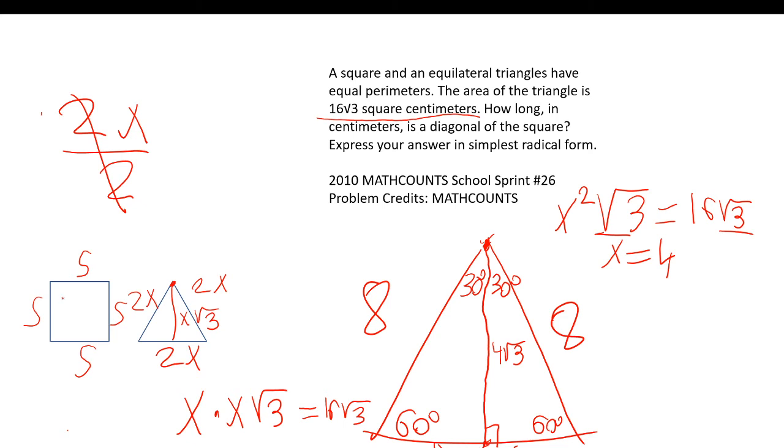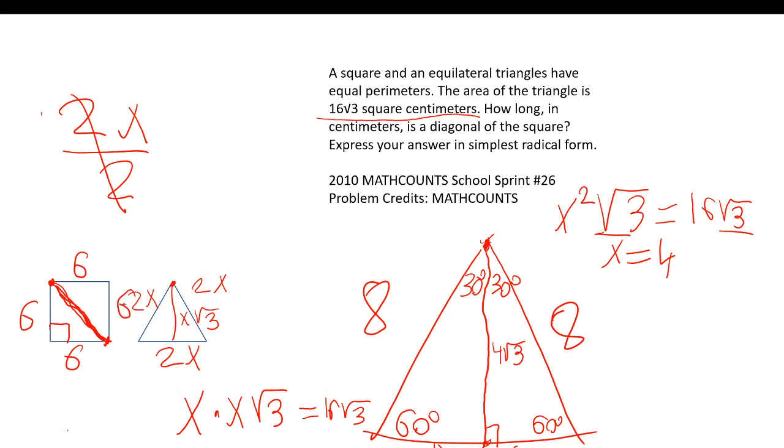Now, we're looking for a diagonal of the square. From this point to this point, we draw in our diagonal. Now, this diagonal is the hypotenuse of this right triangle. We know that the side length of the square is 6, since 6 times 4 is 24, and its perimeter has to equal the perimeter of this equilateral triangle.